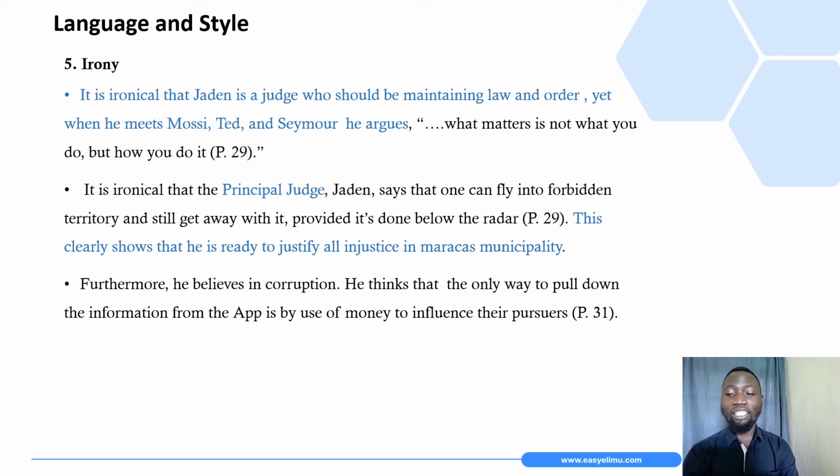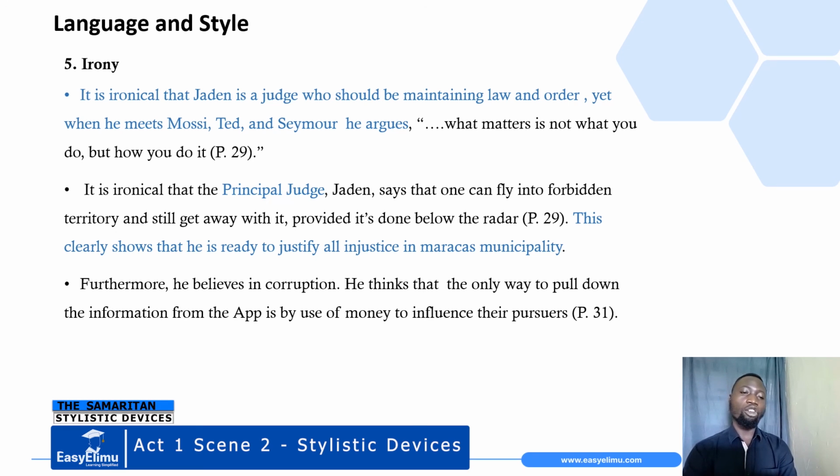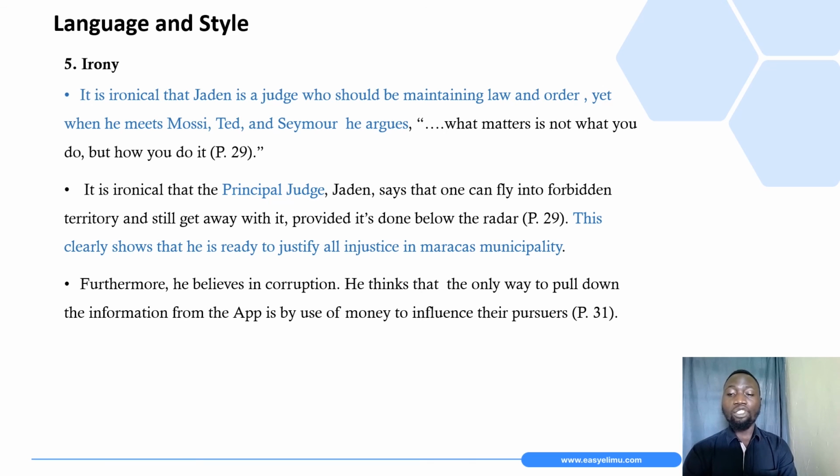Taking away someone's life is just an example; it is not included in the play. So we have people who can kill, but because of how they are related and close with the justice system, they end up getting away with it. So it's the same as getting into a forbidden territory and getting away with it. They all mean the same thing, provided that it is done with some strategy and tactics.